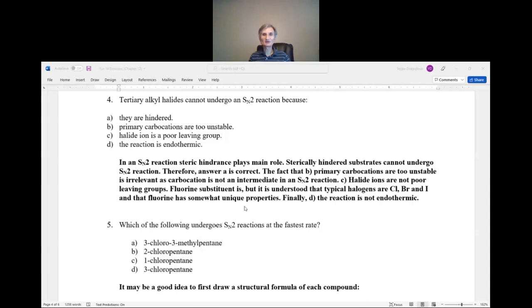Primary carbocations are too unstable. That is true, primary carbocations are unstable, but they have been observed as intermediates in some other reactions. So while that is one of the reasons, it's not really the clinching reason.